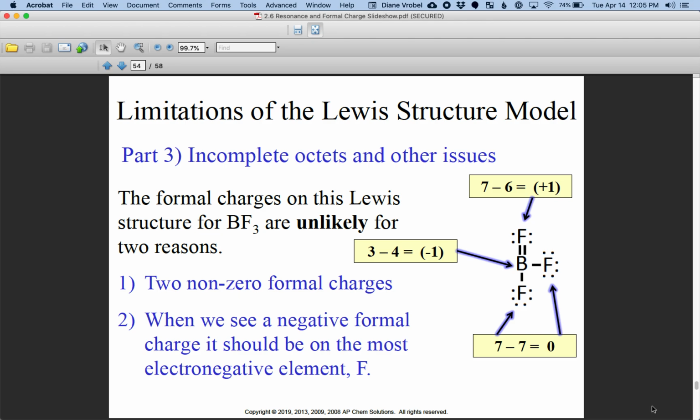Now, if you try to complete the octet for boron, formal charges will show you that it's not a favored structure. Notice that you have a -1 for boron, which is not the most electronegative, so it's not a good number for it to have as a formal charge. Fluorine doesn't want to share its electrons as much, so it having a +1 formal charge is not accepted either.